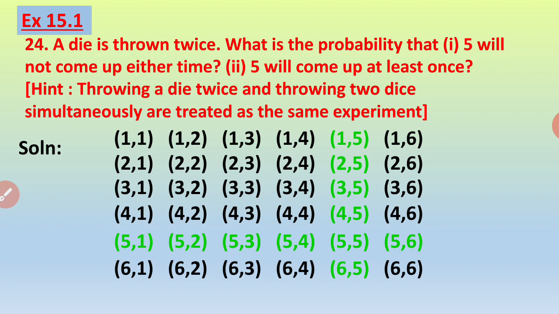Here the first part of the question is, what is the probability that 5 will not come up either time? With the green color, all the possibilities are shown where you have 5. The rest are not having 5 in them. If we go on counting, we'll see that 5 comes up in 11 outcomes. So the rest all are not having 5.